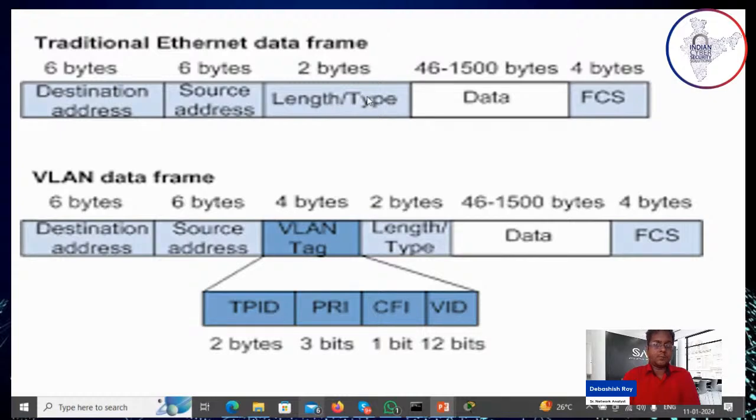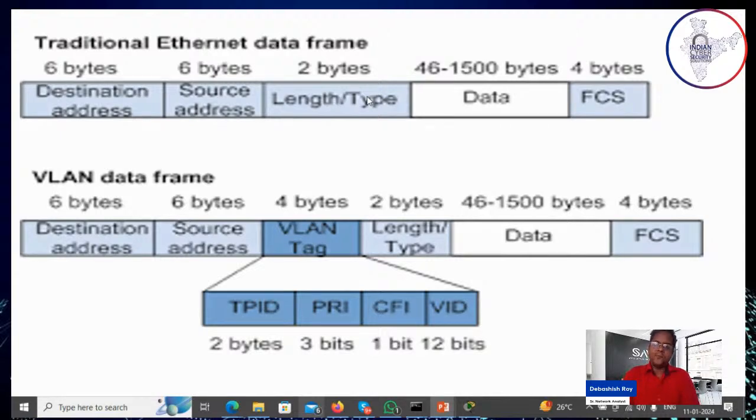Obviously, data means both MSS and MTU. In case of MTU, it goes up to 1500 bytes, the maximum transmission unit. And you have 4 bytes of FCS, the frame check sequence field, to check the data integrity.